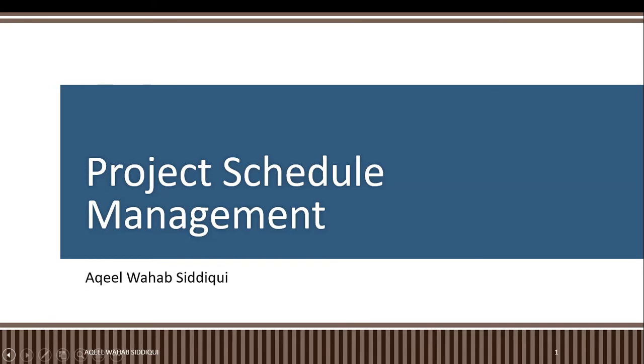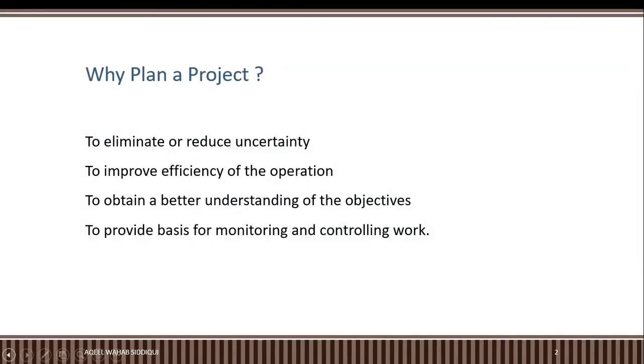But prior to plan schedule management, I will talk about why plan a project. To eliminate or reduce uncertainty. Uncertainty is your unknown risk. To improve efficiency of the operations, to obtain a better understanding of objectives. Objectives are given in which document?